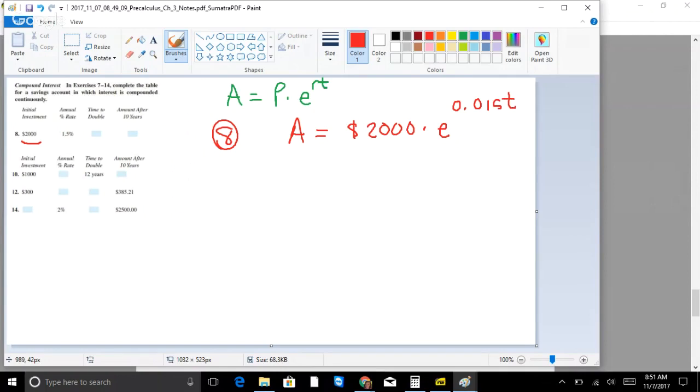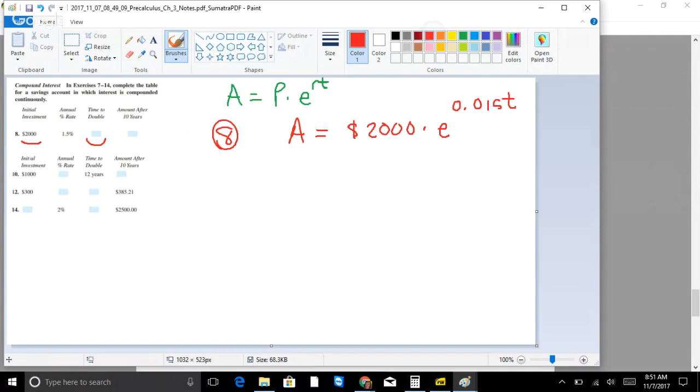Okay, so we have two things that we want to fill in here. First off, what is the time that it's going to take to double my money? To go from my initial investment of 2,000 to double my money would be to go to $4,000.